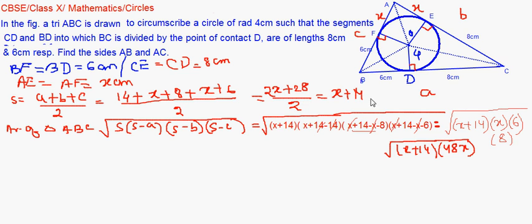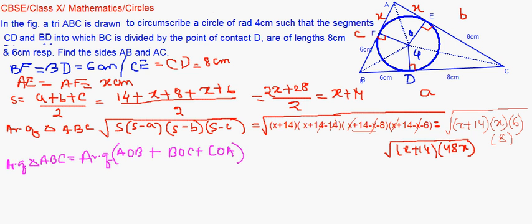Also we can find the area of this triangle ABC, I use the color to separate it, by using the area of AOB plus area of BOC plus area of COA. This one, AOB, BOC and COA.